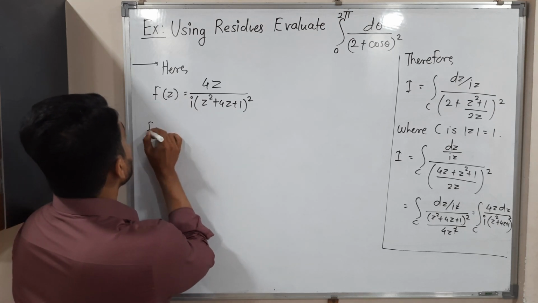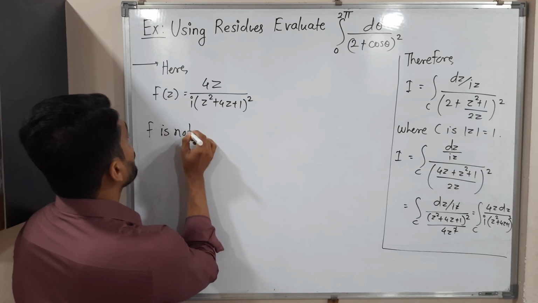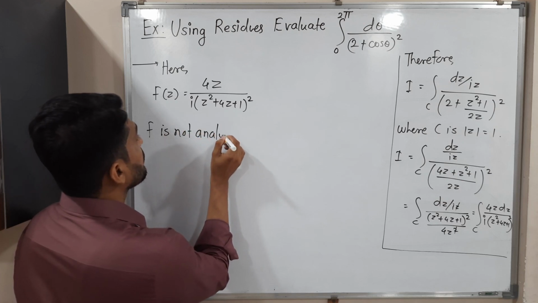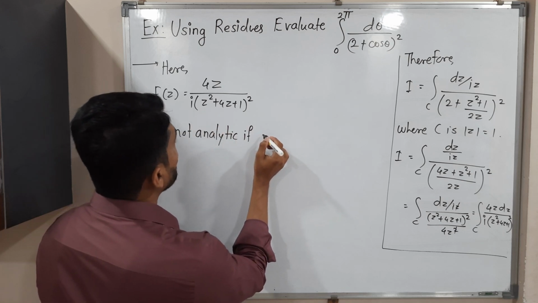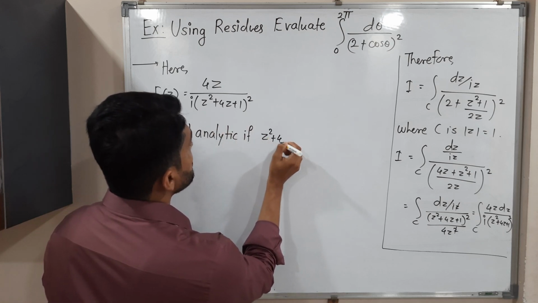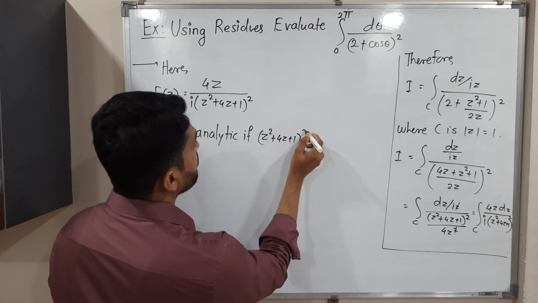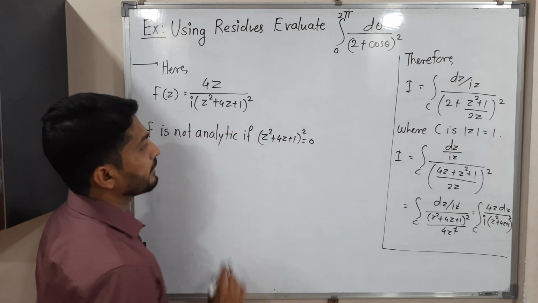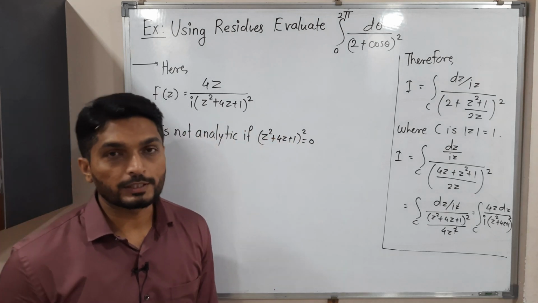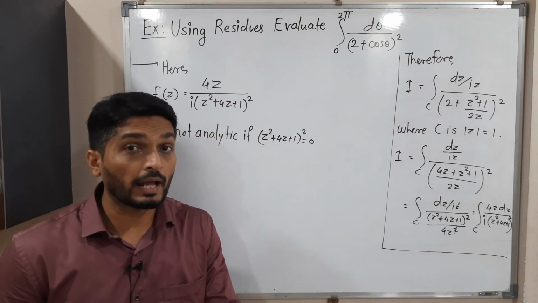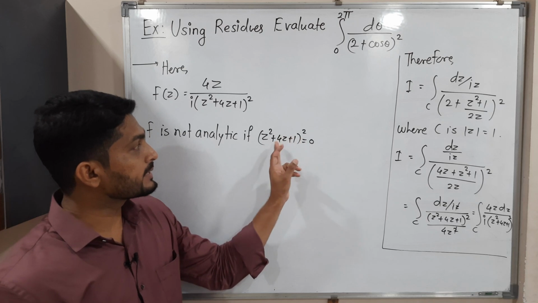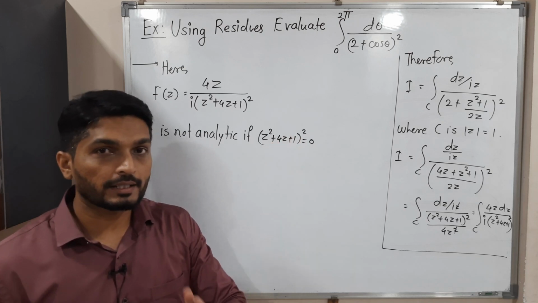So f is not analytic if the denominator, that means this i, but no need to consider i, since we know that i cannot be 0. It's a complex number, right? The value of i is root minus 1. It's not 0, that means this bracket must be 0, then only the function won't be analytic. The square is 0, that means whatever is inside the bracket is also 0.